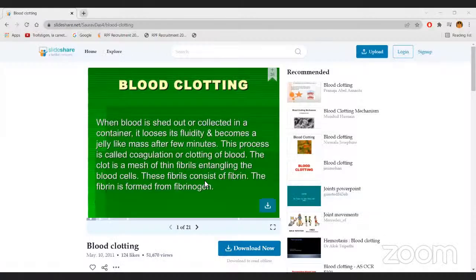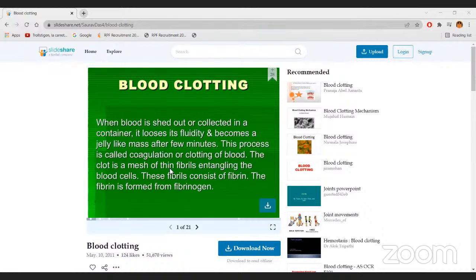So I show one slide. This is the blood clotting picture. When blood is shed out or collected in a container, it loses its fluidity and becomes a jelly-like mass after a few minutes, like 4 to 10 minutes.